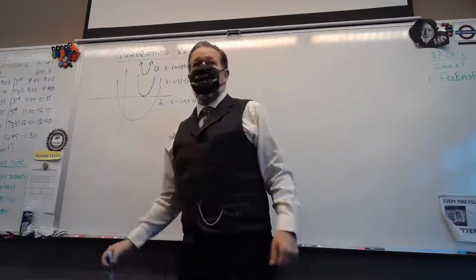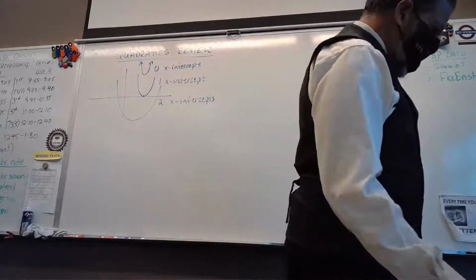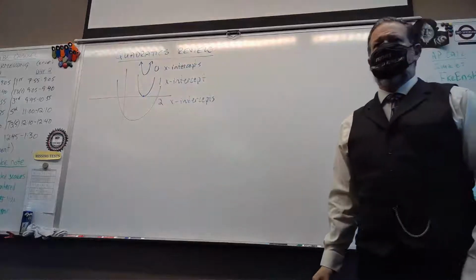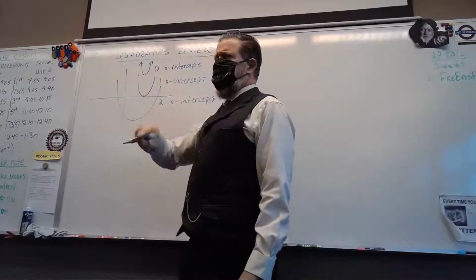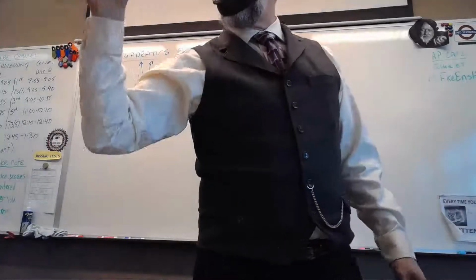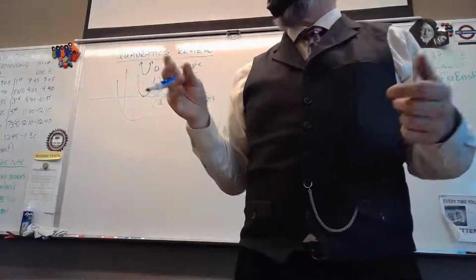Those are the only possibilities. So we're mostly right now going to be interested in the 1 or 2. 0 x-intercepts is a different issue. We run into some problems when we try to solve stuff.